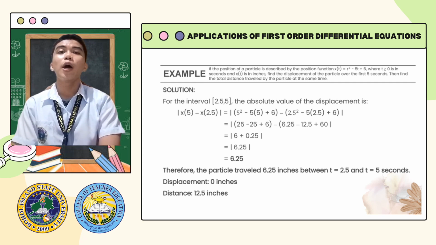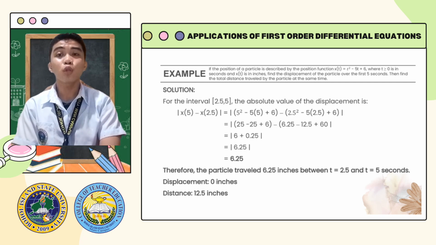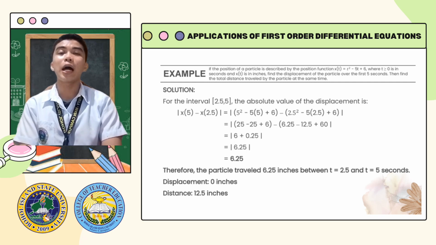Therefore, the absolute value of x(5) minus x(2.5) is equal to 6.25. So that is the displacement of the particle from 2.5 seconds to 5 seconds.